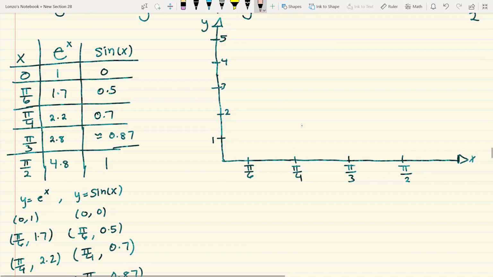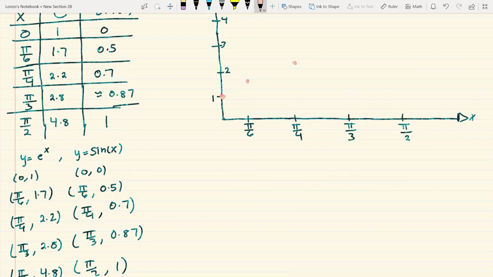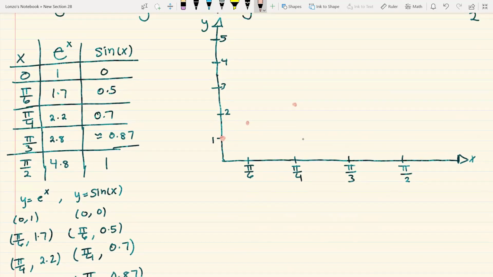So 0, 1, 5/6, 1.7, 5/4, 2.2, 5/3, 2.8, 5/2, 4.8. Okay, so if you graph this, it should look something like this.